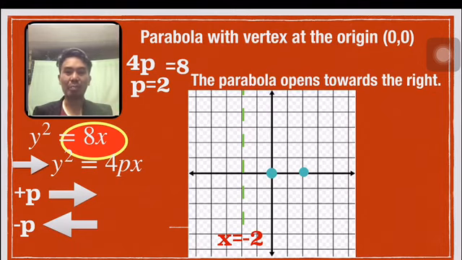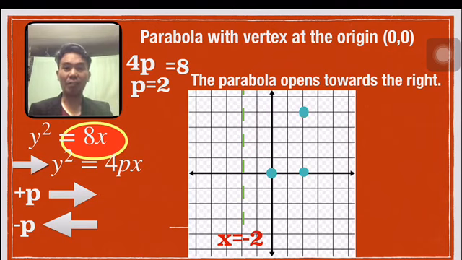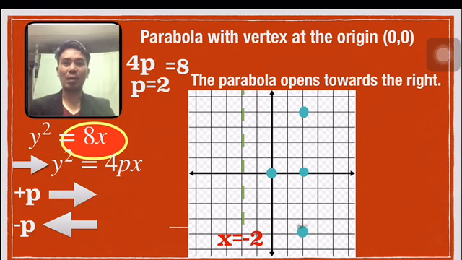Since p is equal to 2, therefore each point is 4 units away from that focus. It means to say that from that focus, we need to count 1, 2, 3, 4 units above, and from the focus, we will count 4 units below it. This is what your parabola looks like.